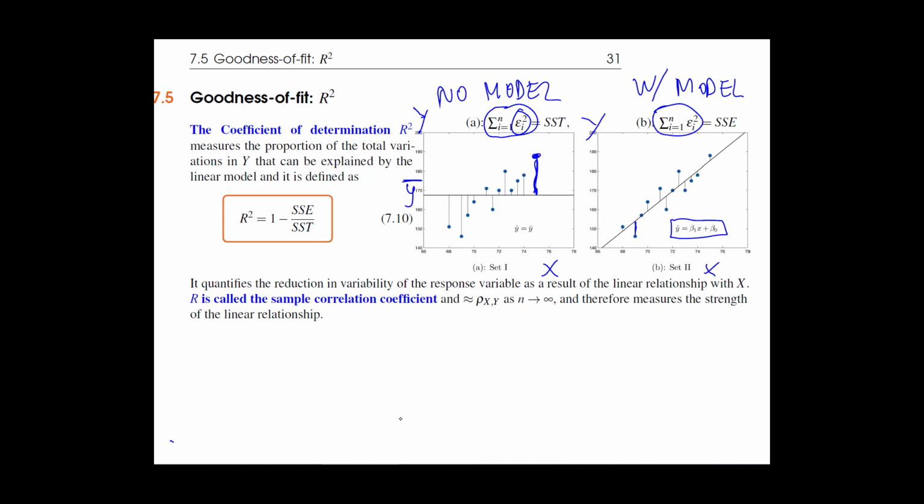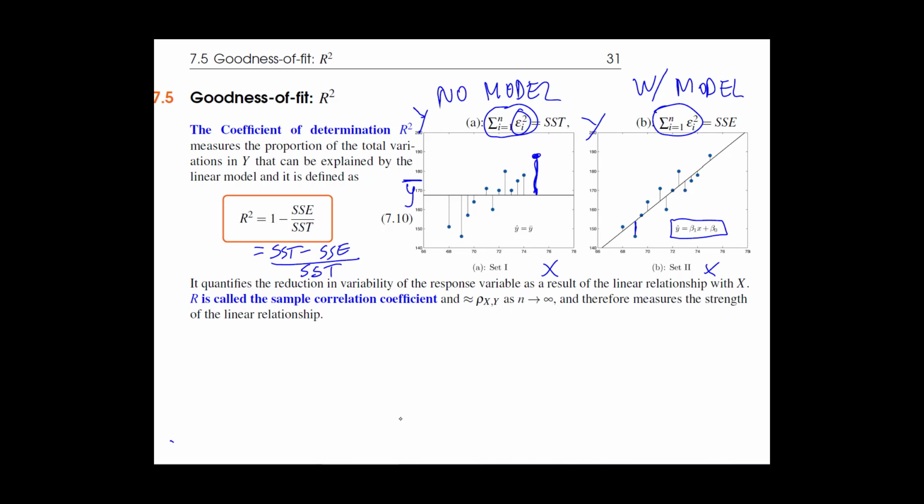And R square is the ratio between the two. It's 1 minus the ratio, which you could write as SST minus SSE divided by SST, right? That means that R squared measures the percentage of decrease in the variance thanks to incorporating the variable x into the model.